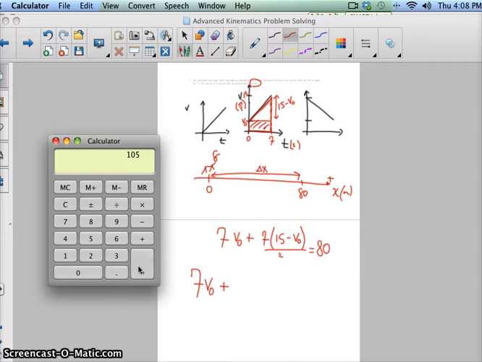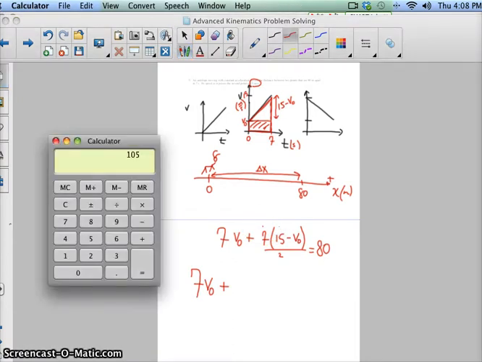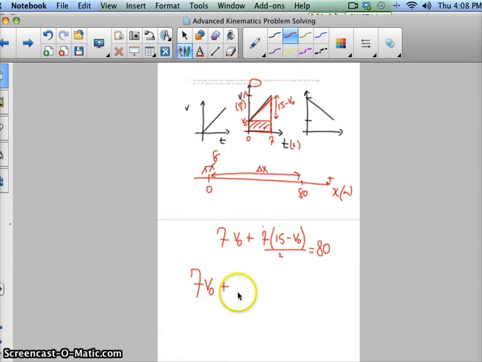Okay? But that's divided by 2. So 7 times 15. Well, I'll break this down in steps, okay? I'll divide by 2 later. So that's 105 minus 7 times v naught, okay?